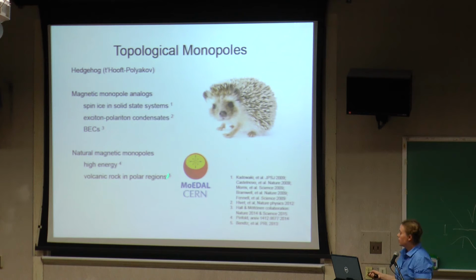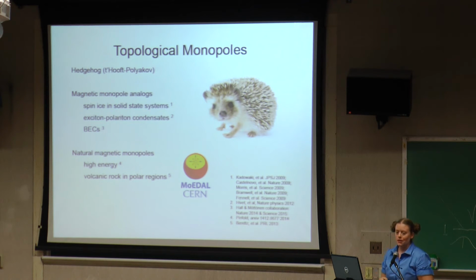And so the lack of information here kind of motivates our desire to create these magnetic monopole analogs in systems we can control. So there's been a lot of work in solid state systems. If you just look, it's all Nature, Science for a while. And then more recently, creating structures in BECs, and again, Nature, Science.